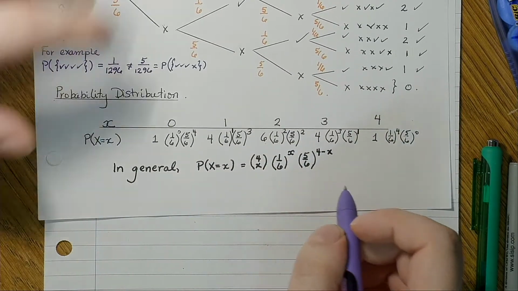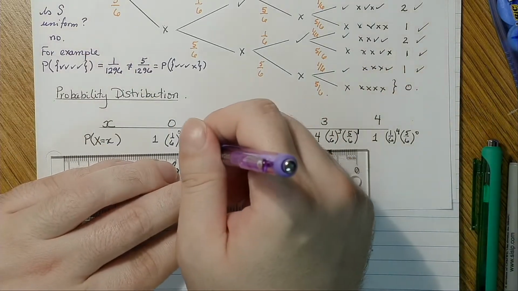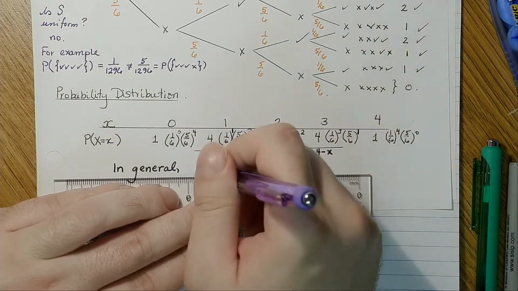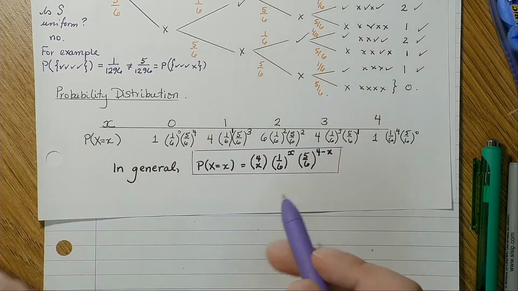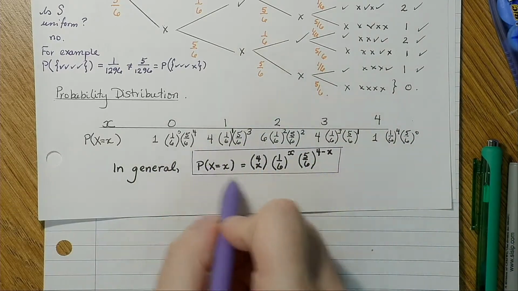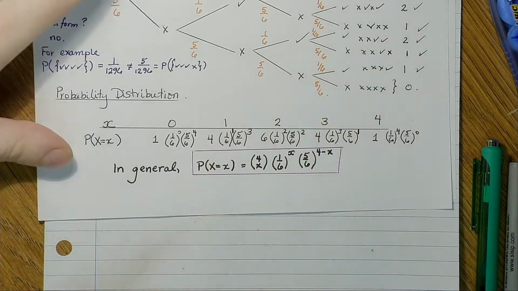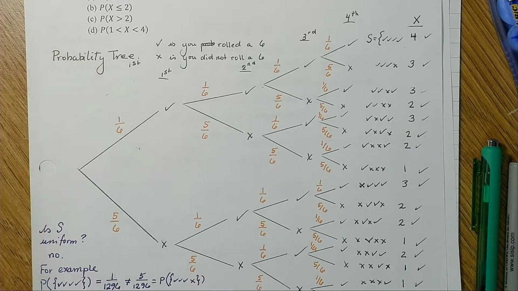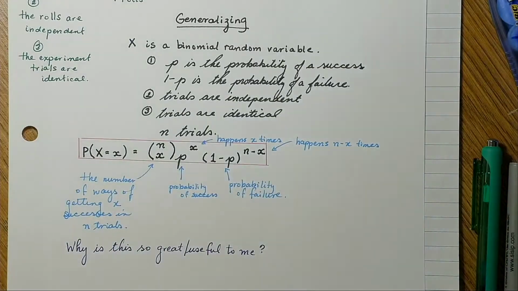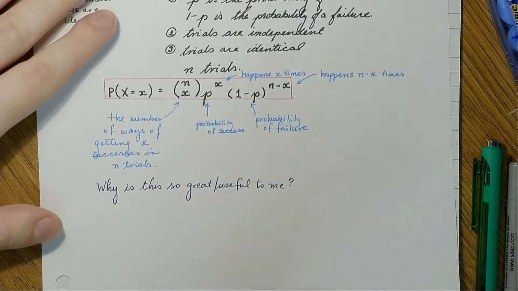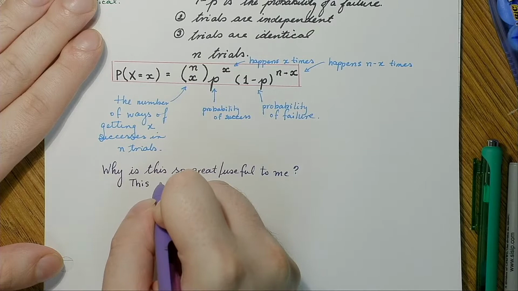If you have this formula, you could write out the table still, but you didn't have to construct that entire probability tree. So again, this saves time.